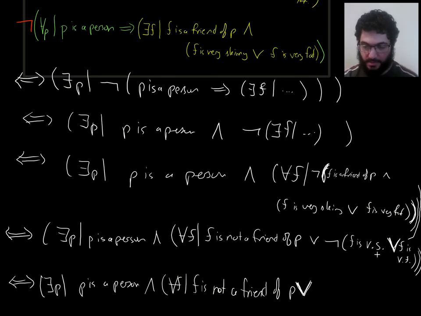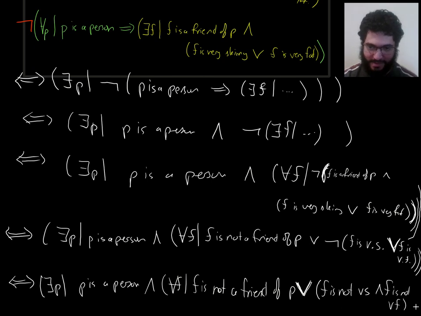I would say f is not very skinny, and f is not very fat. F is not, let's say Vs for very skinny, and f is not Vf, very fat.